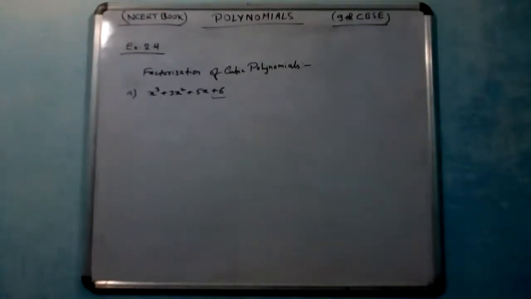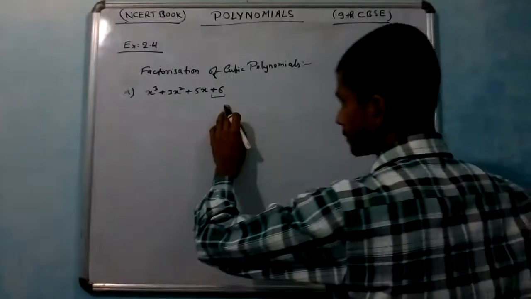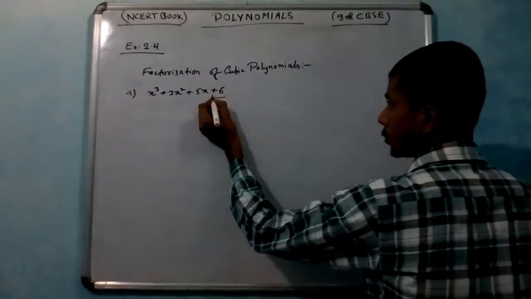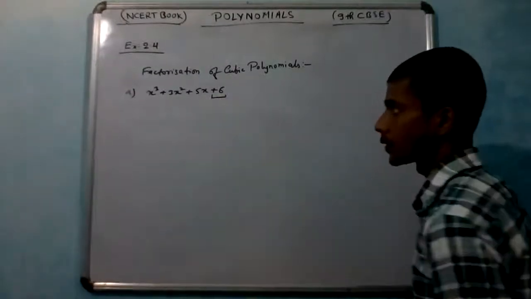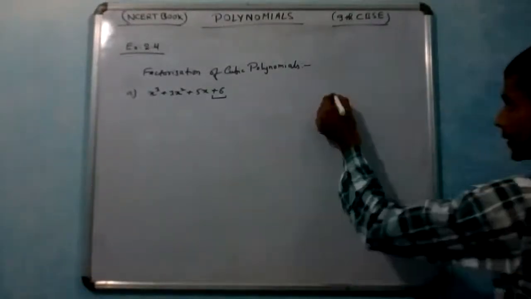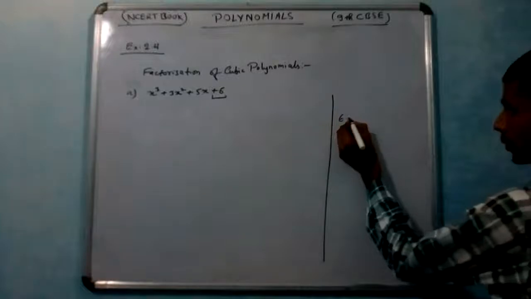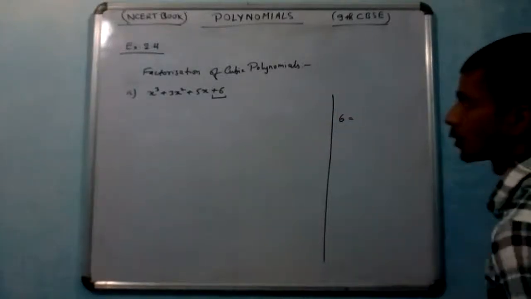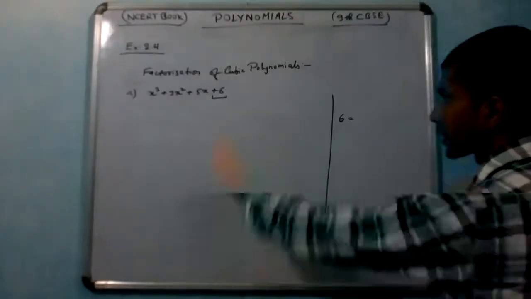Now see, we have the cubic polynomial. For this, we have to take the constant first. And in the rough, we have to see what the possible factors of 6 are.